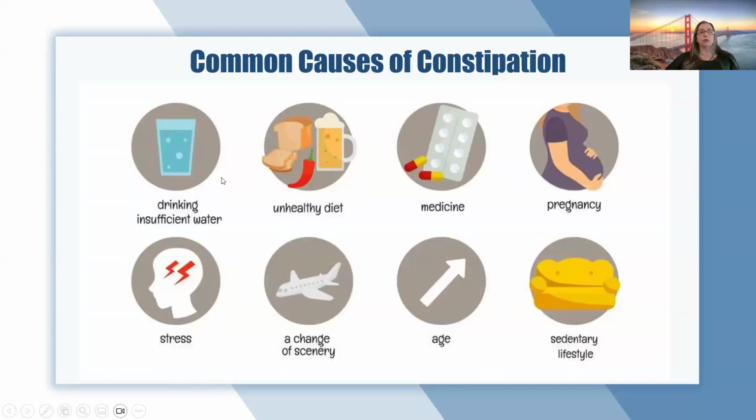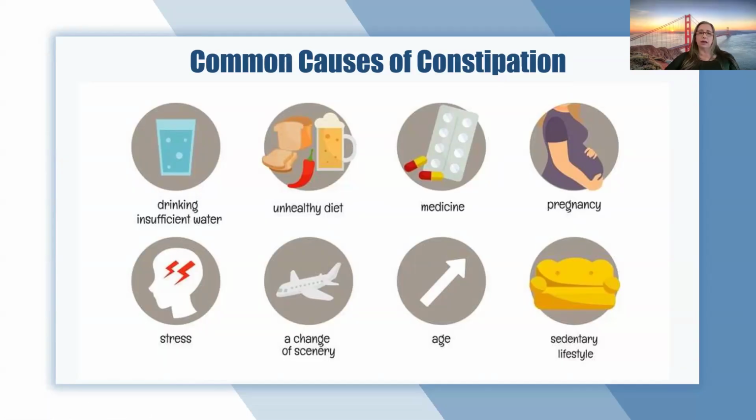For instance, fluids that are very high in sugar or very high in caffeine are not going to be very hydrating for you, because sugar and caffeine both cause you to lose water. So we want to make sure that we're all drinking plenty of regular water, or maybe an electrolyte drink or something that's not going to be dehydrating. Also, an unhealthy diet can contribute to constipation.